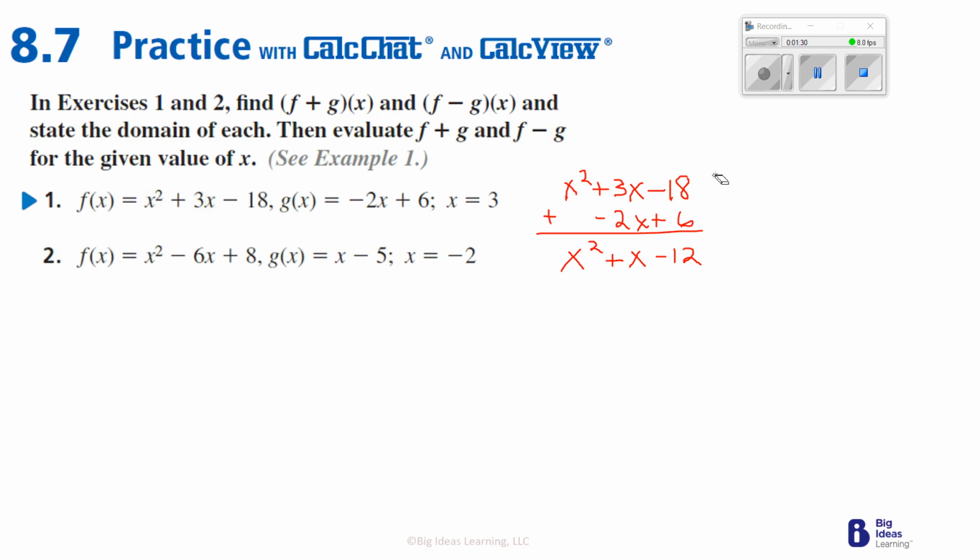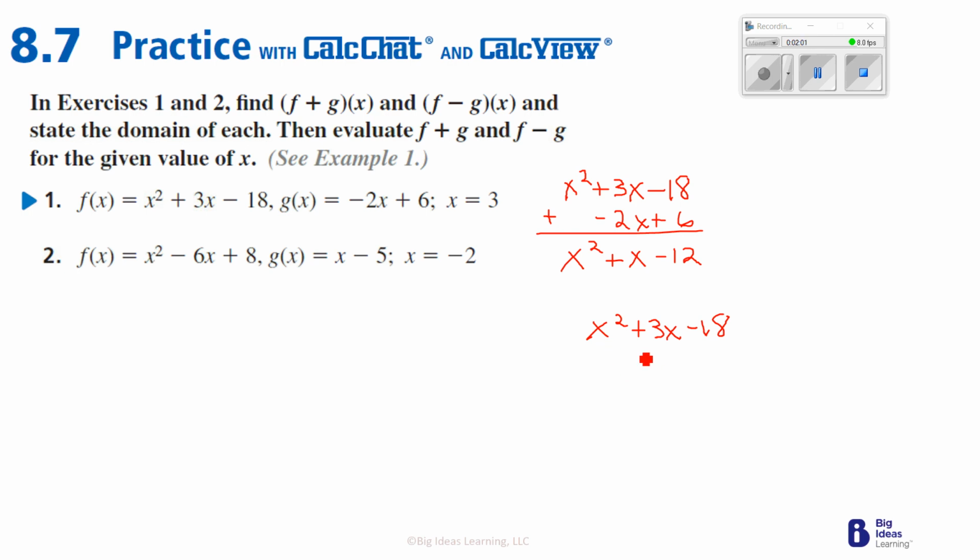Let's go to the next one. Now we're going to do f minus g. So on the f minus g, this is going to be x squared plus 3x minus 18. This time we're going to subtract this, and that's going to turn all of these signs the opposite.